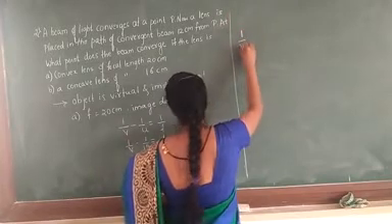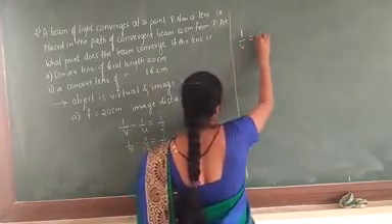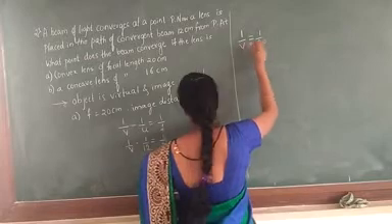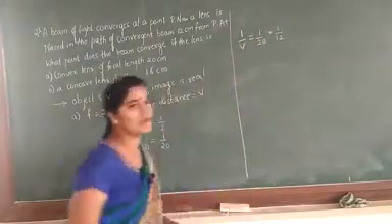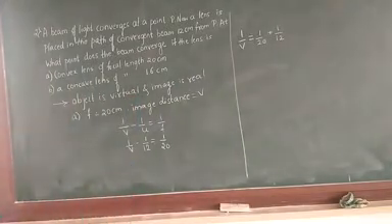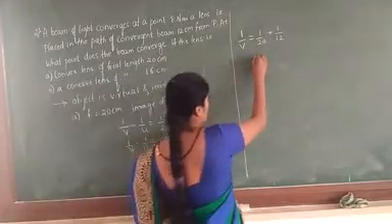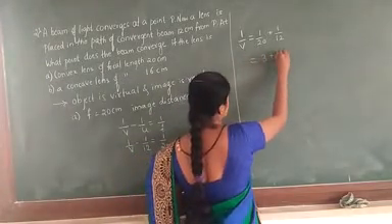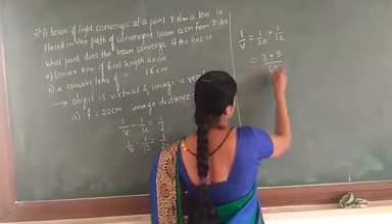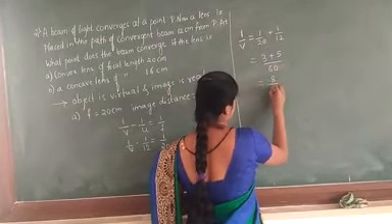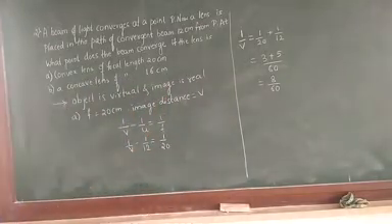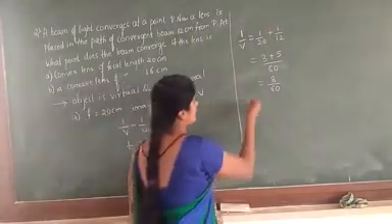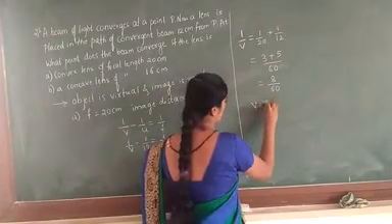1 by v is equal to 1 by 20 plus 1 by 12. Now the total answer we are getting here is 3 plus 5 by 60, that is 8 by 60. Cancel the term, and we get v is equal to 7.5 centimeter.